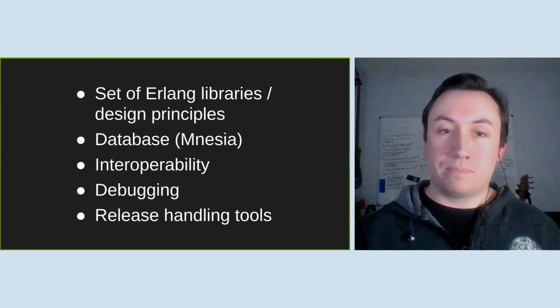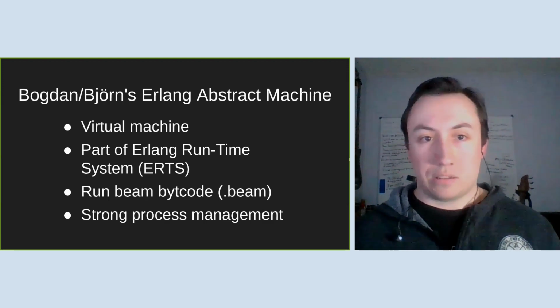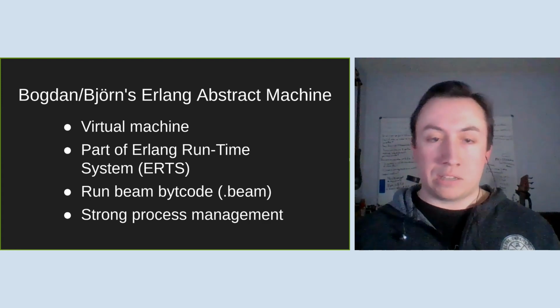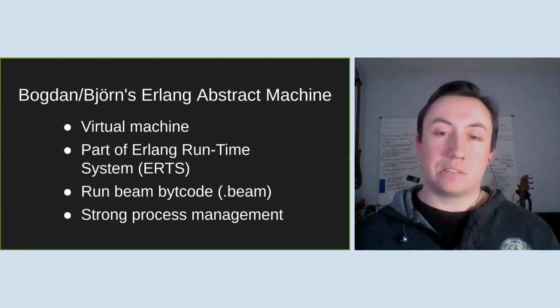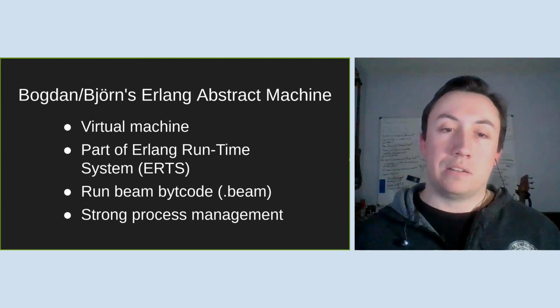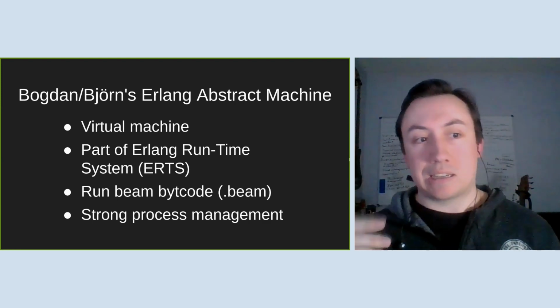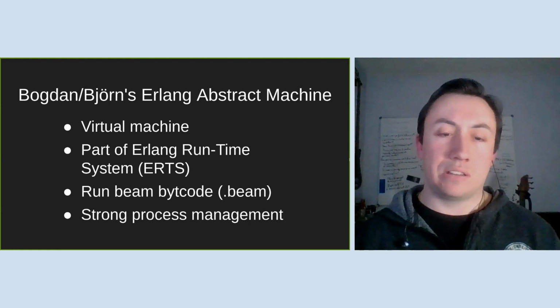Finally, the Beam, or today we don't know if it's for Bogdan or Björn's Erlang abstract machine. Bogdan was the creator of the Beam. Björn is the maintainer, the one who works on it and helps keep it updated. So the Erlang abstract machine is a virtual machine. It's kind of similar to the Java machine, the JVM, if I recall correctly.